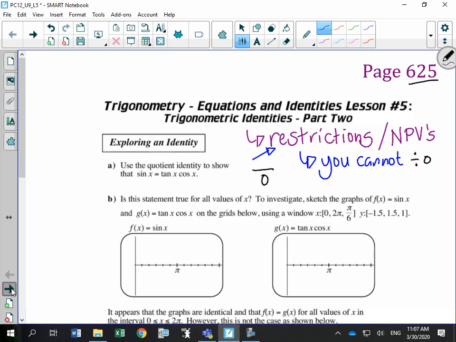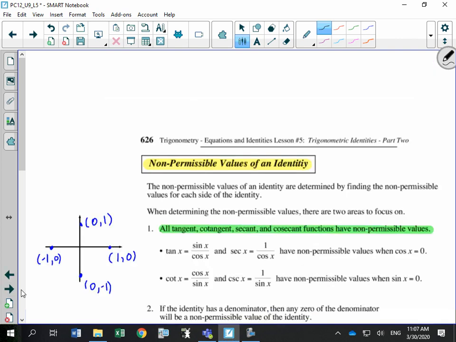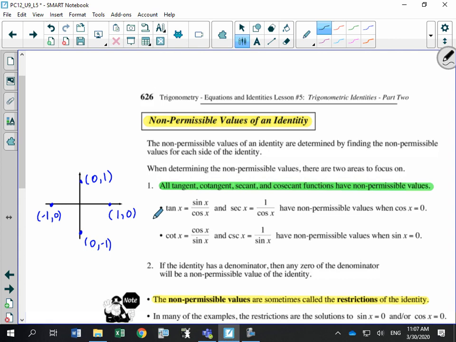So flip over to the next page, page 625. Where we have non-permissible values for an identity is when we have tangent, cotangent, secant, and cosecant functions. All of these functions are going to have NPVs. So why would, for example, tan have an NPV?